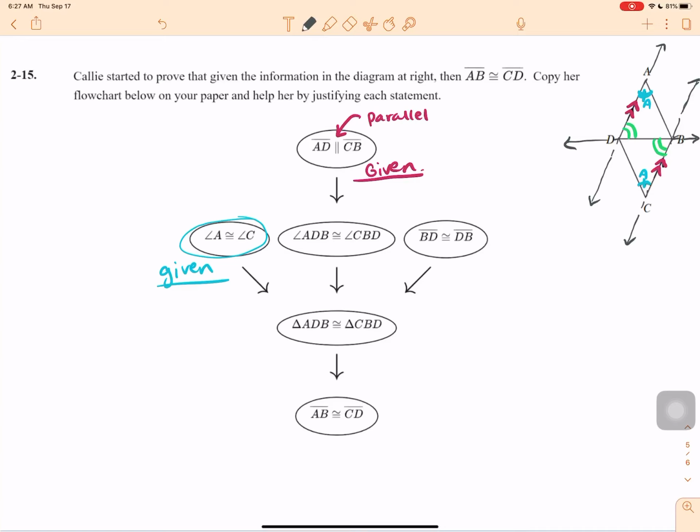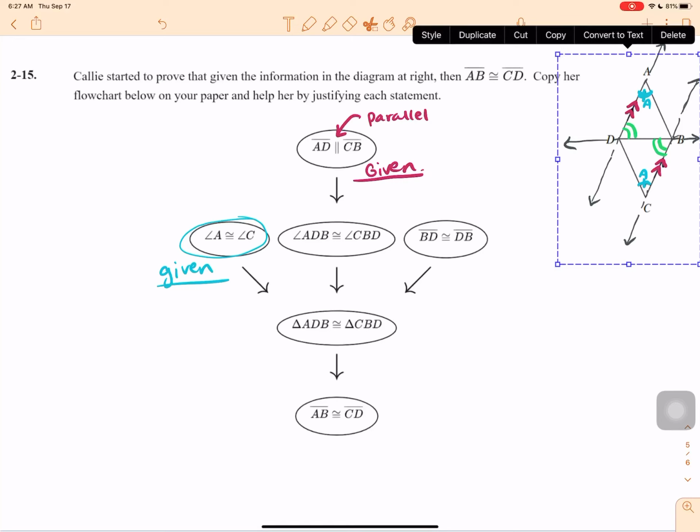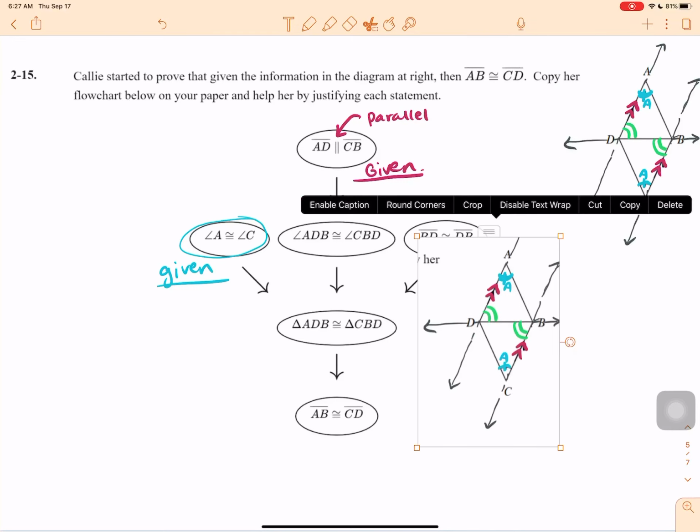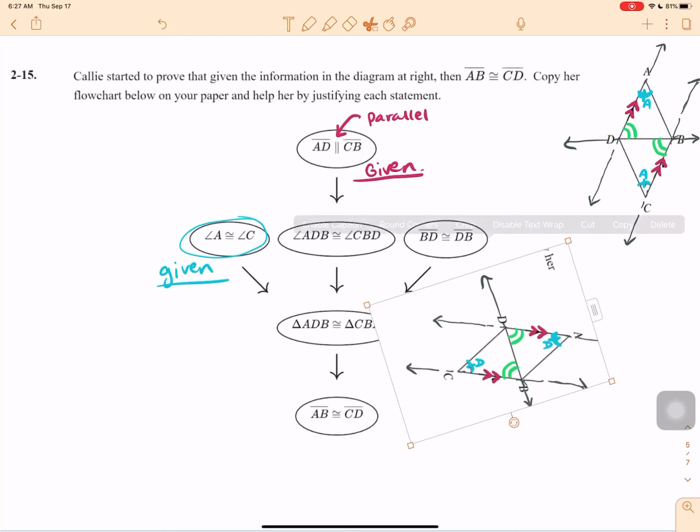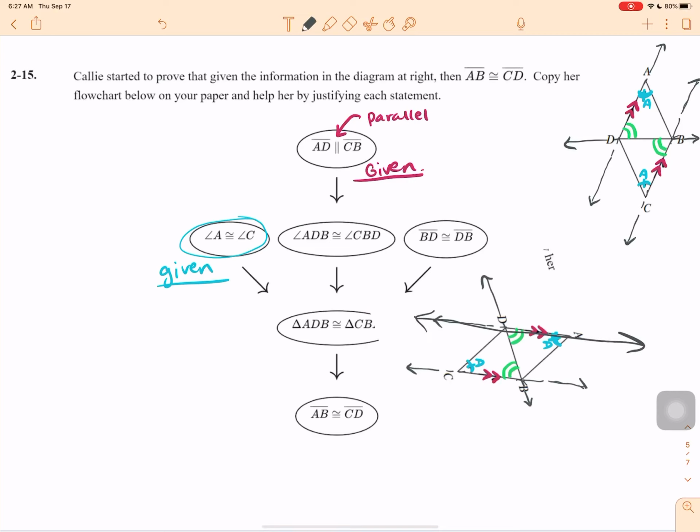Like that. So now if you guys look closer, you can see that we have alternate interior angles. Okay. And also might be easier if you maybe try to rotate this. Here, I'll just try to show you. If I were to rotate it like this, it's a little bit clearer for you because you guys are so used to the parallel lines going like this, you know?